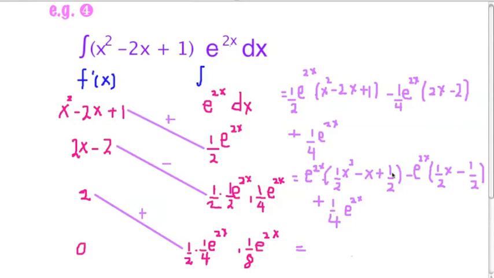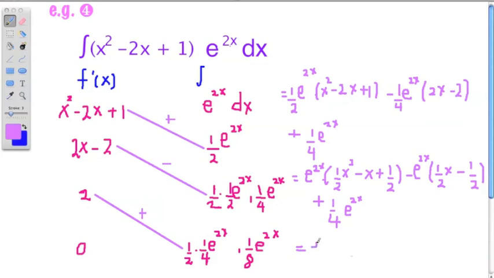As you can see, e to the power of 2x is repeated, therefore we will just bring it forward and we solve it as usual. Therefore 1 over 2 x squared, minus x minus 1 over 2 x, we would get minus 3 over 2 x.